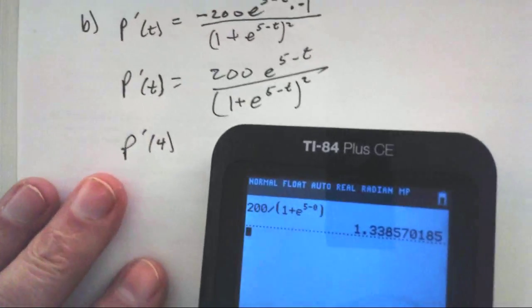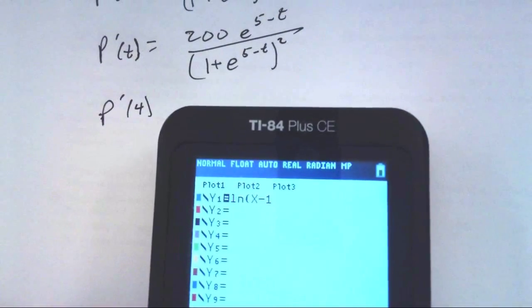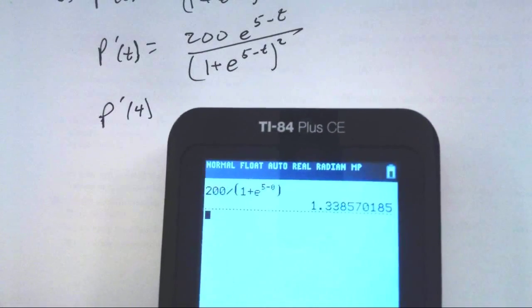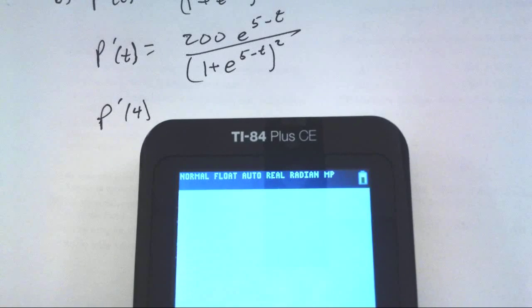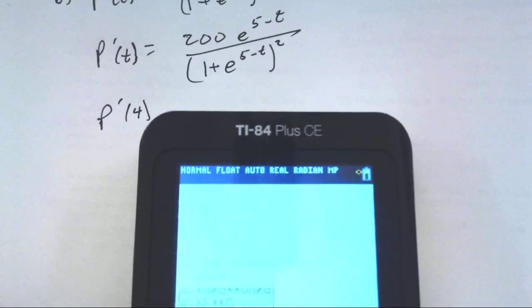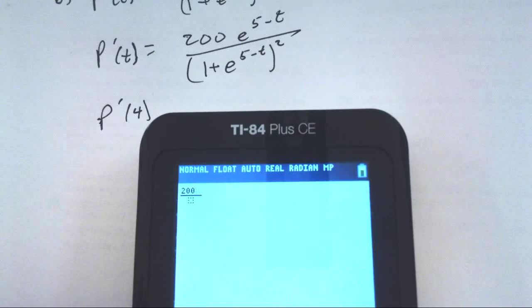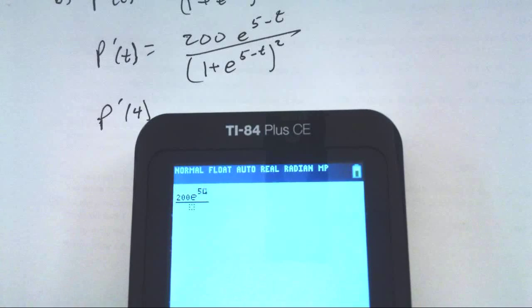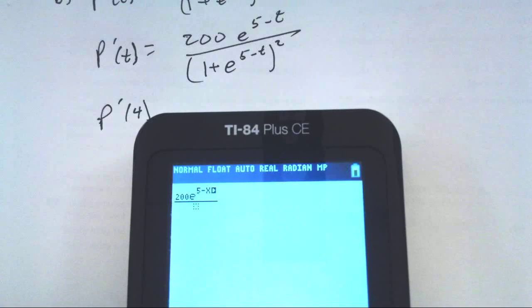So bear with me here. Let's clear this out. Second, quit. Clear. And I've got 200. Let's see. Alpha step one. I'm going to do it this way. I've got 200 e to the, so second ln e to the 5 minus t. We're going to step out of that, but what do I want for t here?